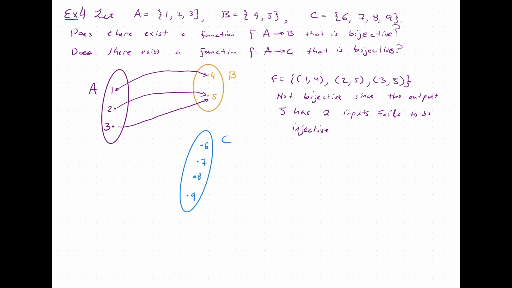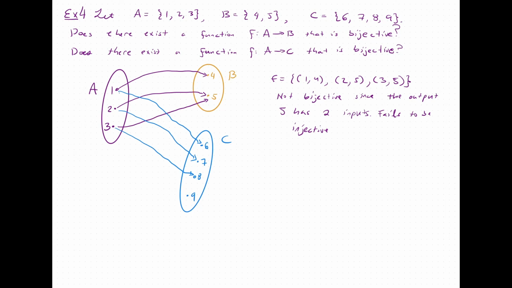Now, in the case of A to C, we see that we can take 1 and map it over to 6. 2, we can map it over to 7. 3, we can map it over to 8. But if we do so, it still leaves us with where to map to 9.